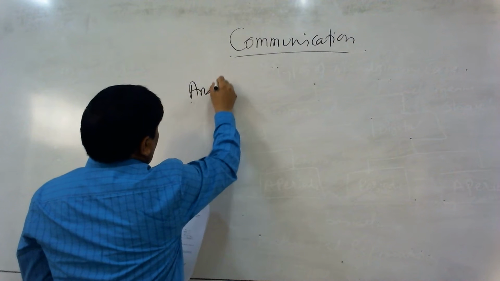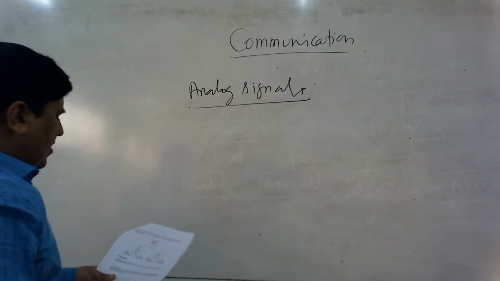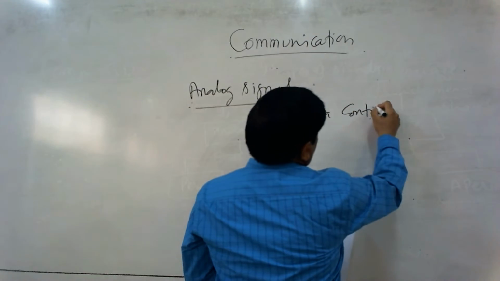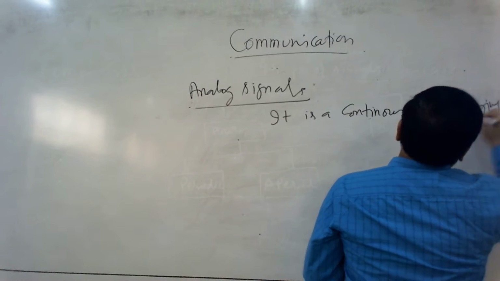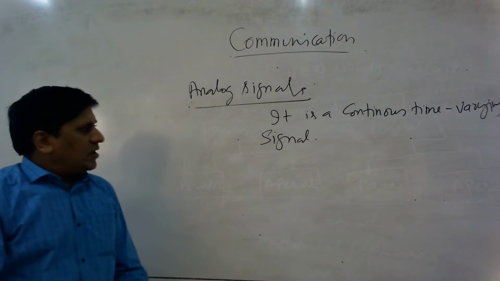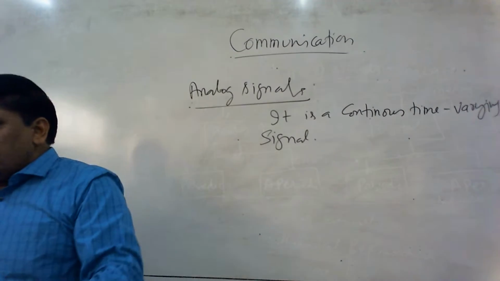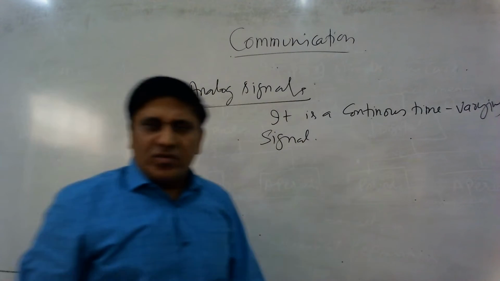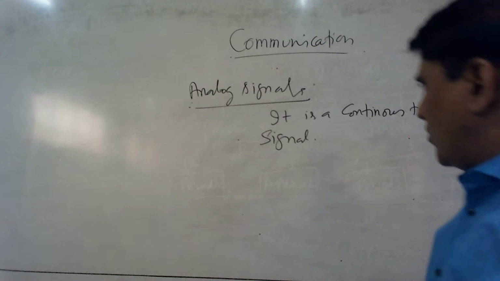Analog signal is a continuous time varying signal. For example, the voice signal is a continuous time varying signal, the sound signal is a continuous time varying signal, and other continuous signals are also known as analog signals.